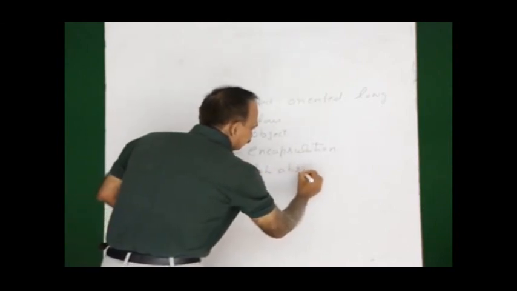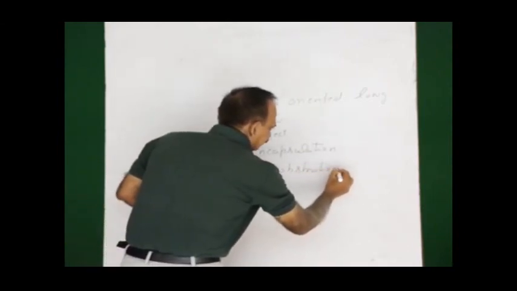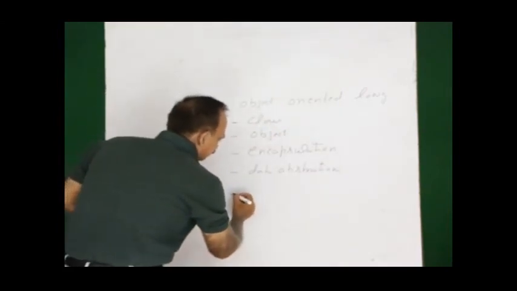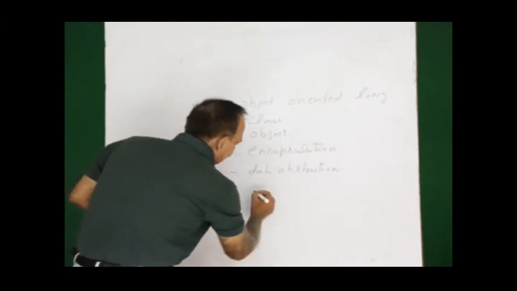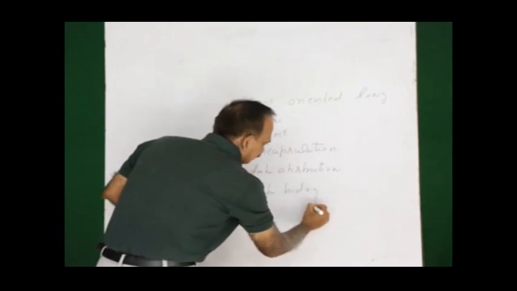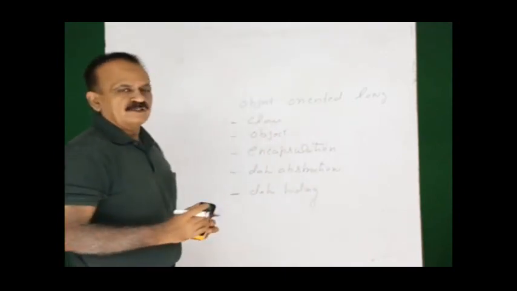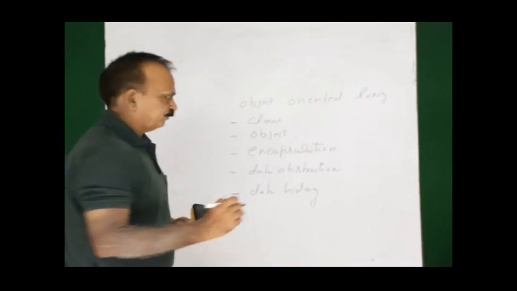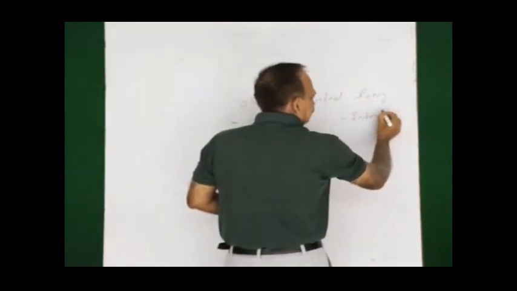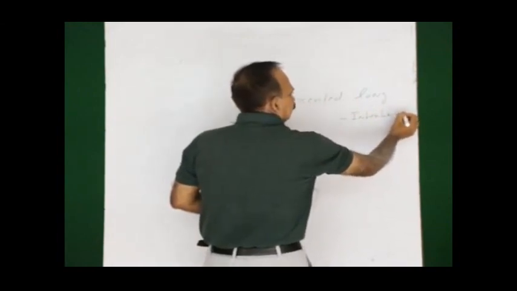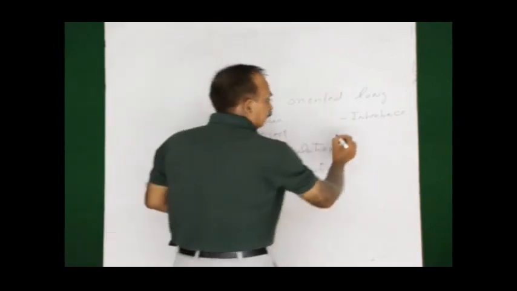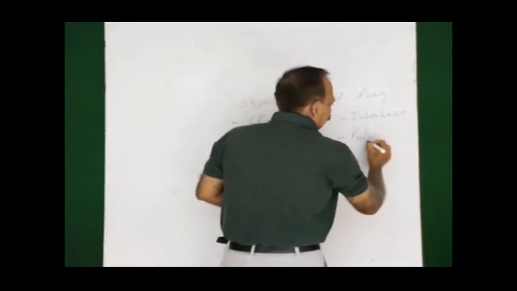And another one is data hiding. Another one is inheritance. And then next comes polymorphism.